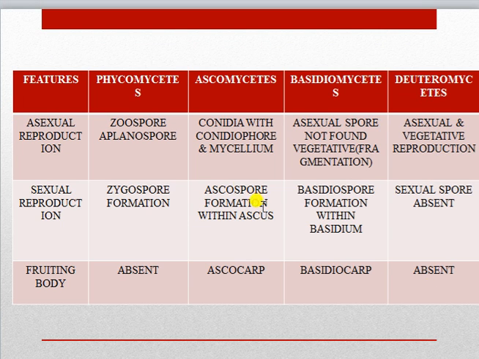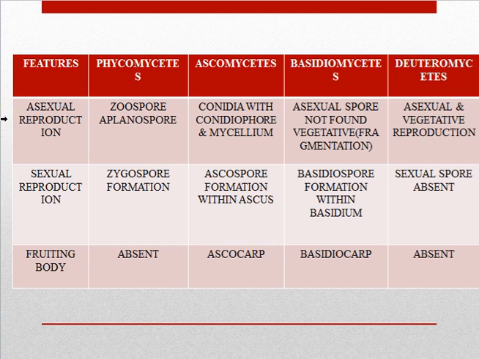Here also some specific points are written. Next point is asexual reproduction. Keep in mind, Phycomycetes produce zoospores and aplanospores, and Ascomycetes produce conidia. These conidia are present on the stalk-like structure, the conidiophore, as well as on the surface of the mycelium, which is commonly found in Penicillium also.